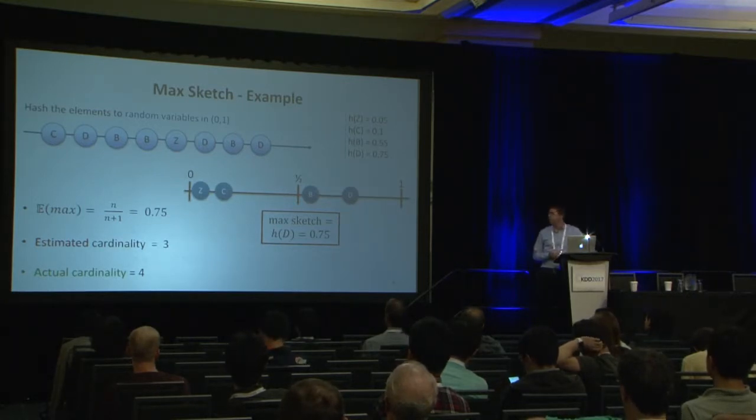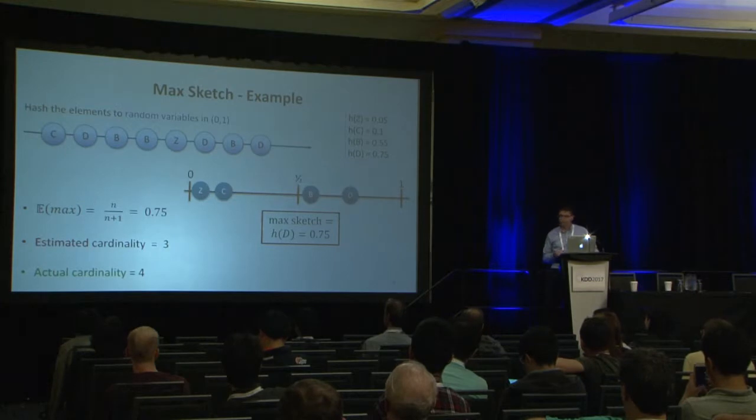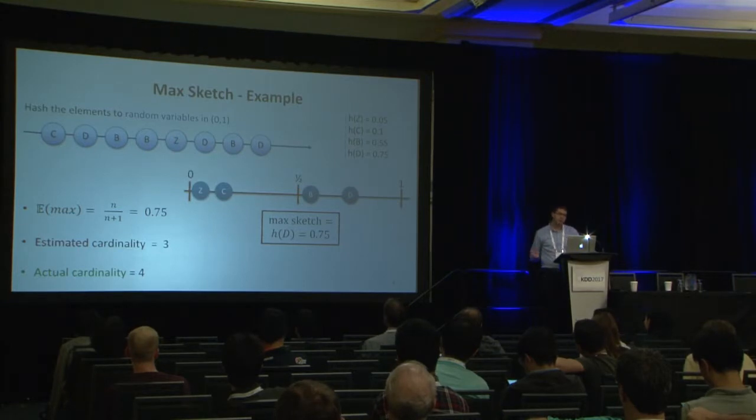As you can see, the maximal sketch in this case is the hash value of D, which is 0.75. Then, using the equation from before, we can solve it to get an estimation for N, the cardinality of this stream. We get that the estimated cardinality is 3, but actually it's 4, so not very accurate.